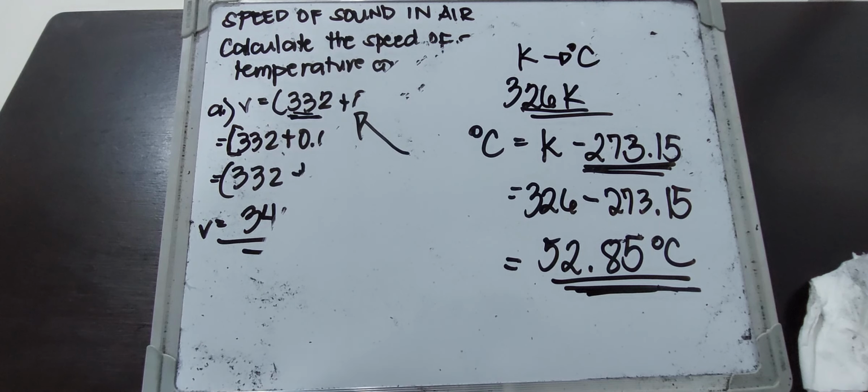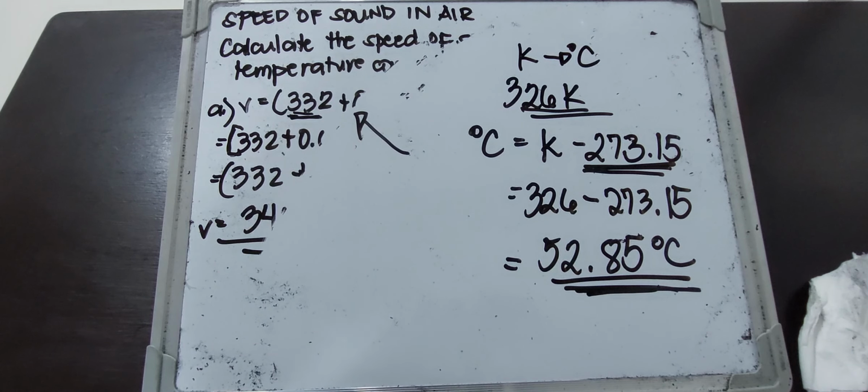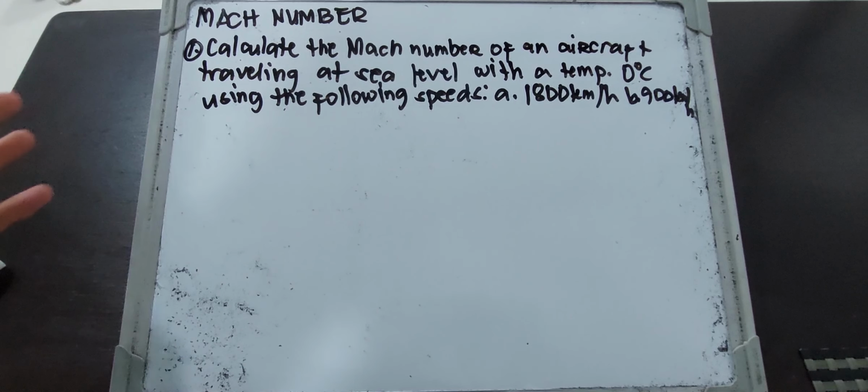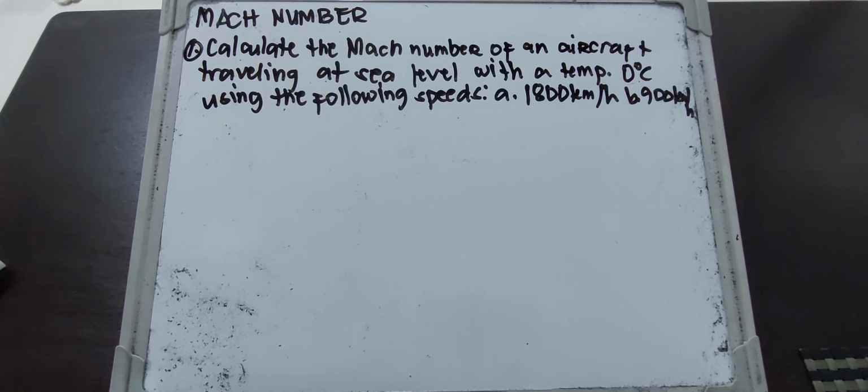Okay, so that is the process of converting and calculating the speed of sound in air. So our next topic is about Mach number, which is in connection with the speed of sound.